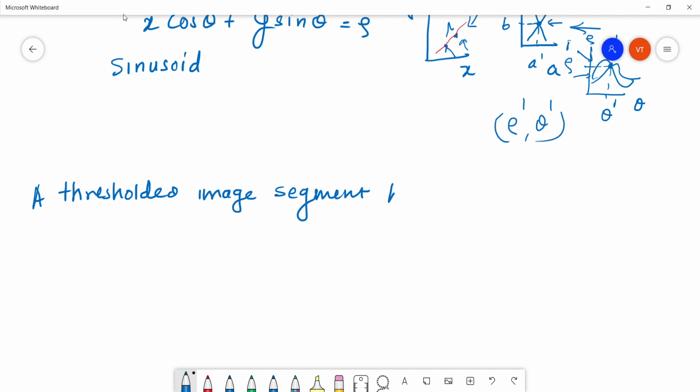Image segmentation has resulted in the following edge points.